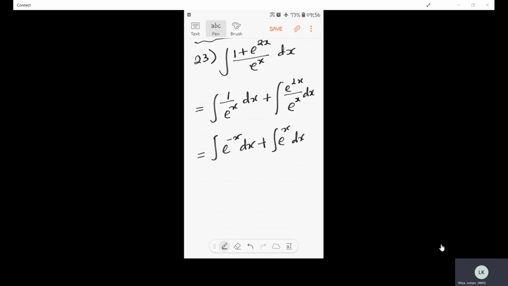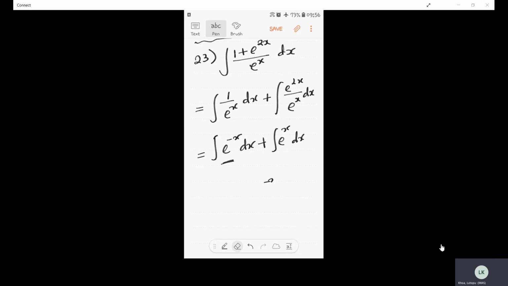If I differentiate e to the power of minus x, my derivative will be minus e to the power of minus x. But if I differentiate minus e to the power of minus x, my answer is positive e to the power of minus x. So that tells me what my integral is.